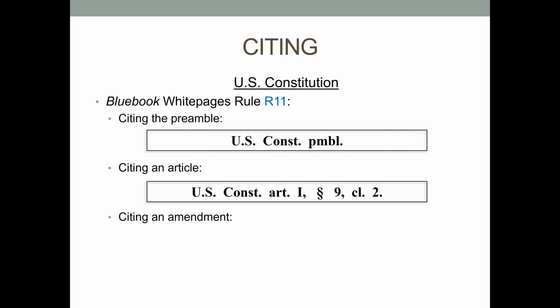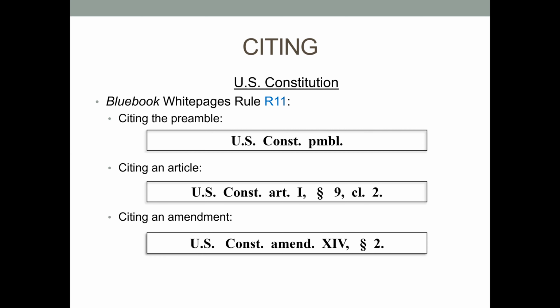Well, what about an amendment to the US Constitution? Well, it starts off as the others do, U.S. Const., but the abbreviation of amendment is amend., all lowercase letters, ending with a period, and amendment numbers are Roman numerals. So here we're looking at the 14th Amendment, which is XIV in Roman numerals.